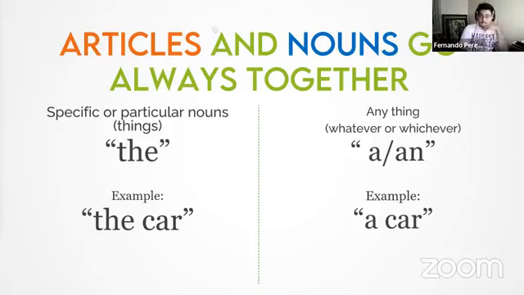And when you use a and an, it's not specific, it's whatever car. I like the whatever, because many people confuse a car and the car in the situations. I really like the first thing you said.